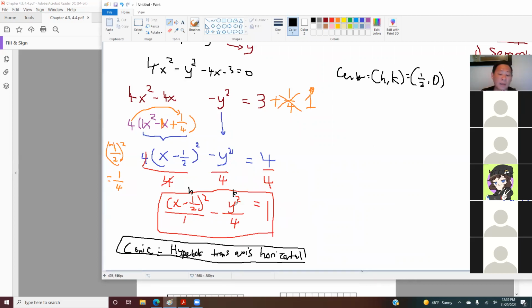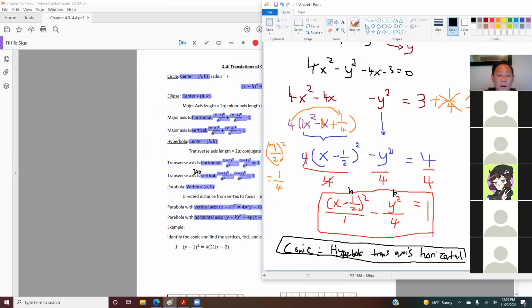So we don't have a k, it's 0 here. So your center in this case is (1/2, 0). Now, as you look, your transverse axis is horizontal, that means this is your a squared and this is your b squared. Don't forget, in a hyperbola, a does not necessarily have to be greater than b. So this is fine. Underneath is a squared, underneath there is b squared.